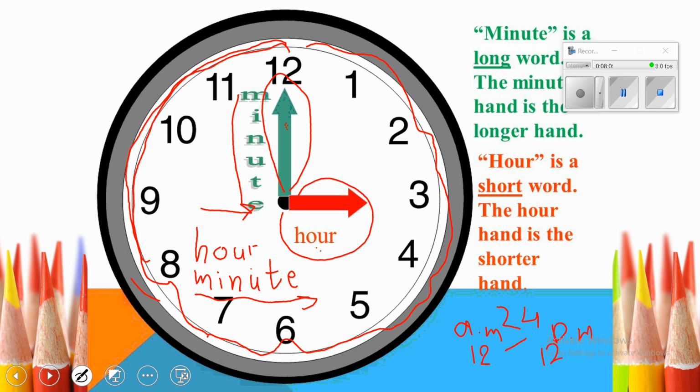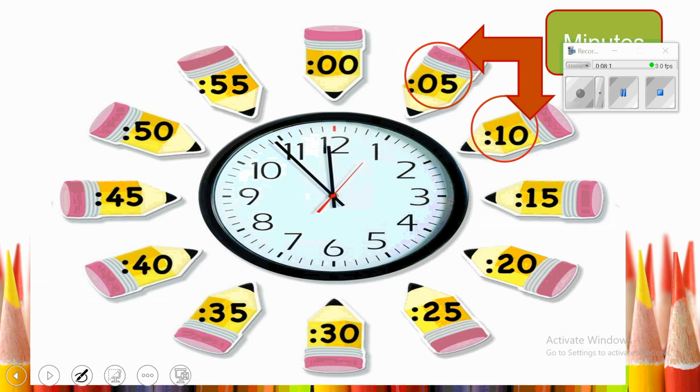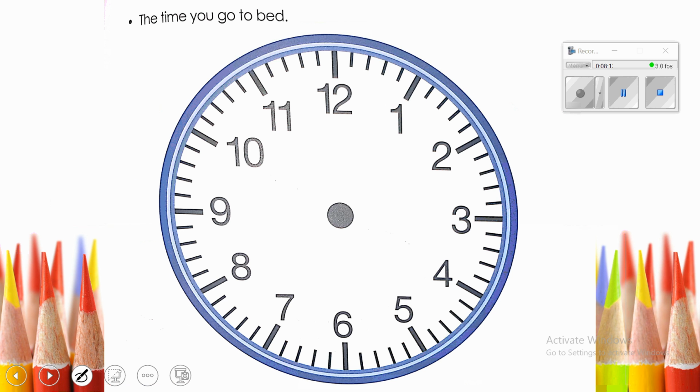Let's go back again. Here, I have an empty clock. Why did I put it here? To discuss together how I will read the time. I told you this is the minute hand. The minute hand is moving.